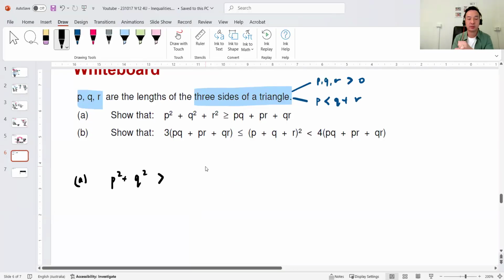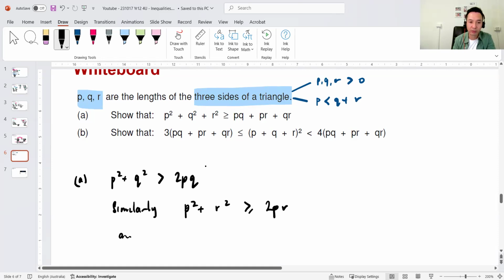Good. 2PQ. They let you take that as gospel. So similarly, P squared plus R squared greater than 2PR and Q squared plus R squared greater than 2QR.